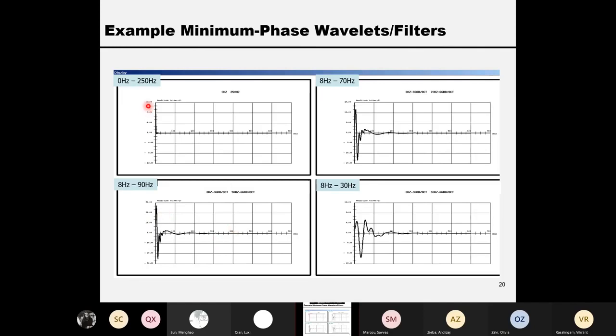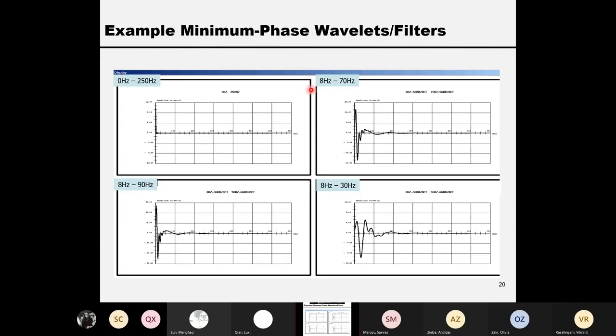Effectively this one is from 0 to 250 hertz, full band, and for this one you simply apply a bandwidth filter to the spectrum, between 8 and 90 hertz, and you end up with a wavelet that looks like this, right?